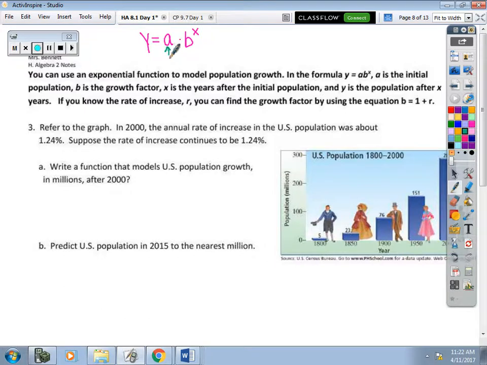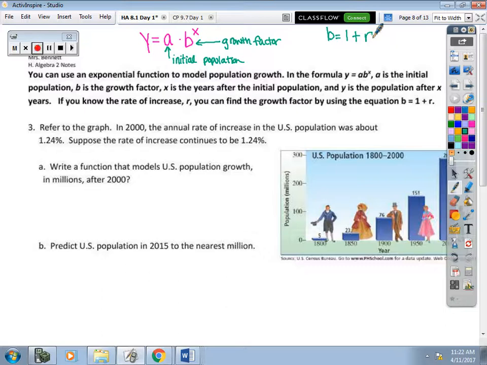Now A is going to stand for the initial population, which it could be of people or of bacteria or whatever the problem is talking about. It's your starting point. Now B is considered the growth factor. And there's a formula to find what the growth factor is.